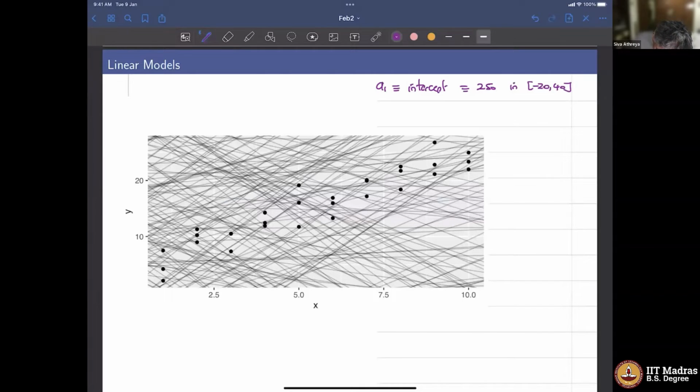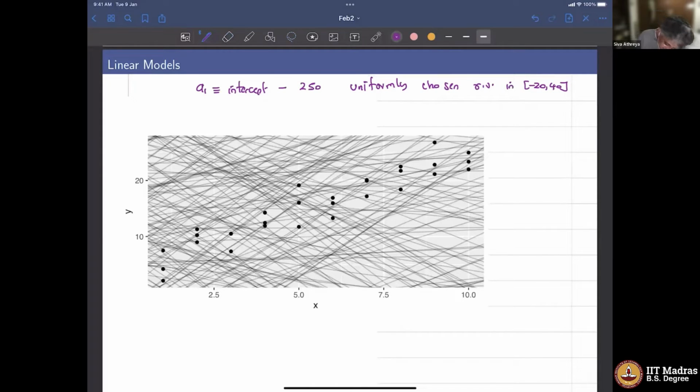So A1, the intercept, is uniformly chosen, and I took 250 of them.